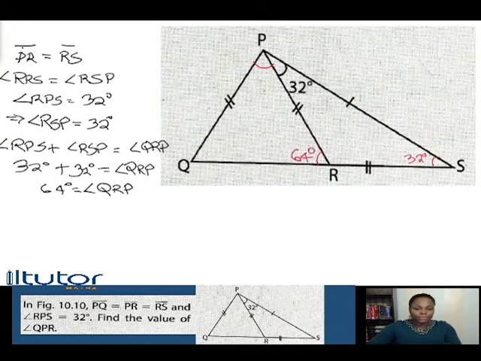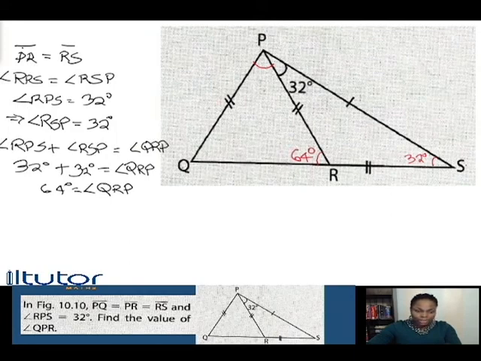So now let's look at this triangle, triangle QPR. The two sides PQ and PR are equal. So this implies that this triangle PQR is an isosceles triangle.